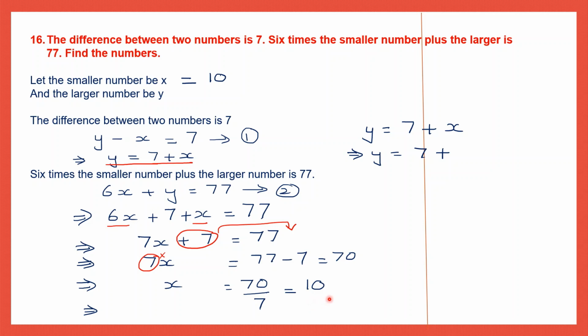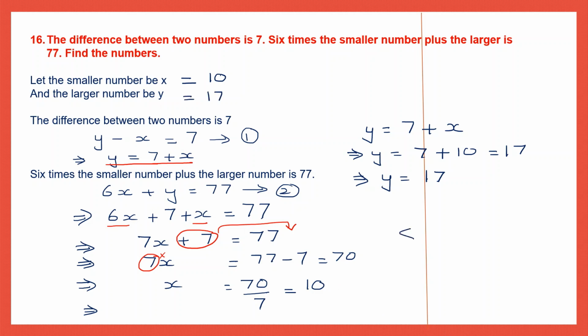We found the value of x to be 10. So we're going to write 10 in place of x, substitute. So 7 plus 10 is 17. So we have found the value of y to be 17. So y is the larger number, and the larger number we found to be 17.